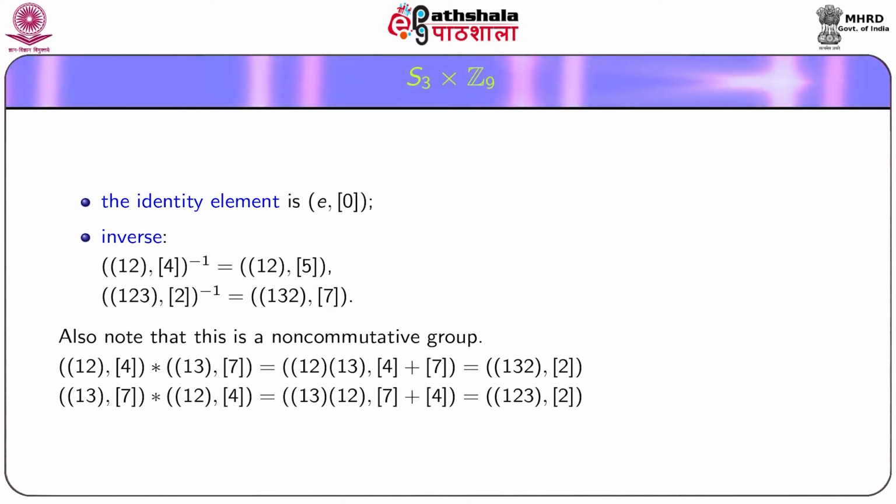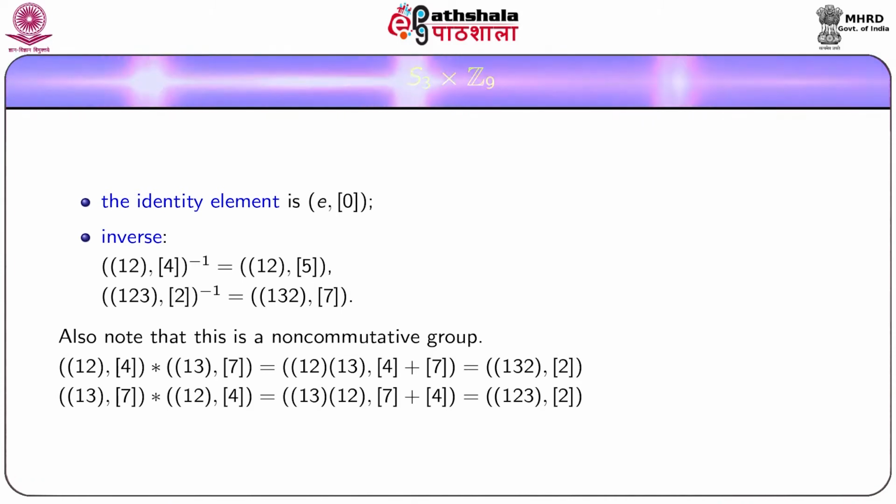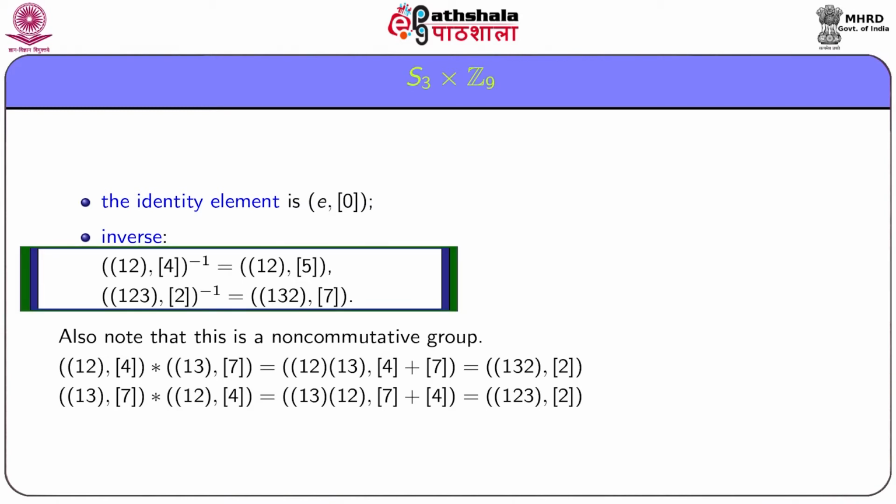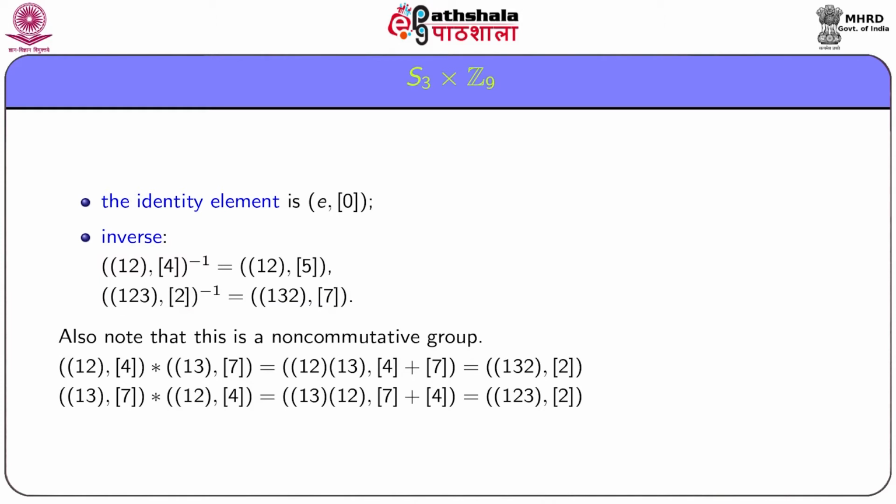The identity element of this group will be the pair whose first element is the identity element of S3, let us denote it by e, and the second component will be the identity element of Z9, that is [0]. Now, can you find the inverse of the pair whose first element is the transposition (1 2), and the second component is [4]?